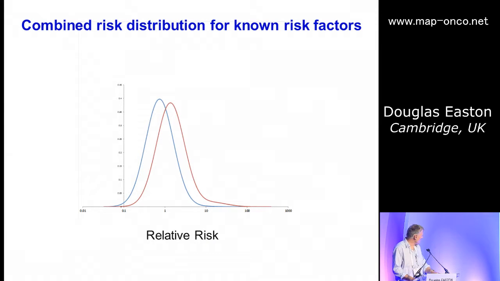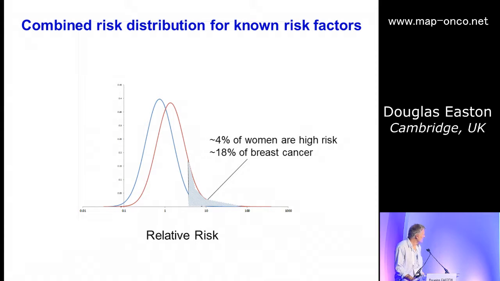Or put another way, if you put these together again, here, the blue line is now the distribution of all risk factors in the population, and the red line is for cases. So if you take, slightly arbitrarily, women at more than 3-fold risk as being at high risk, that's roughly what the NICE guidelines say, you can identify about 4% of the population at high risk, and they account for about 18% of all breast cancer.